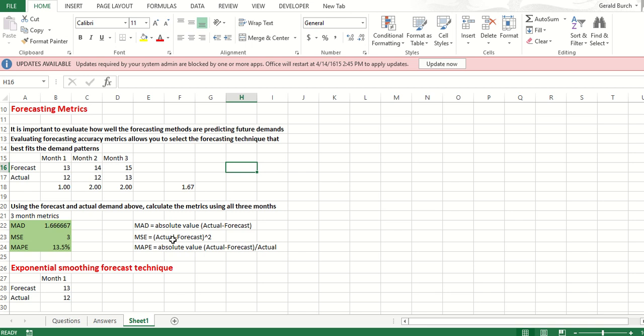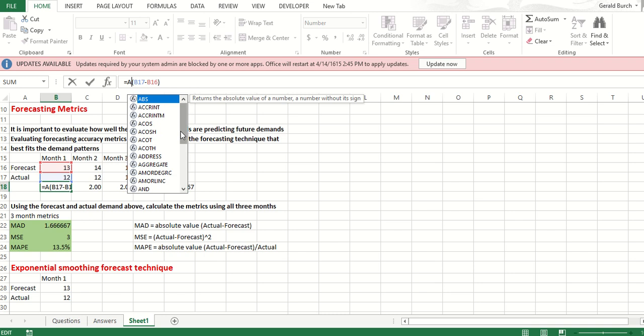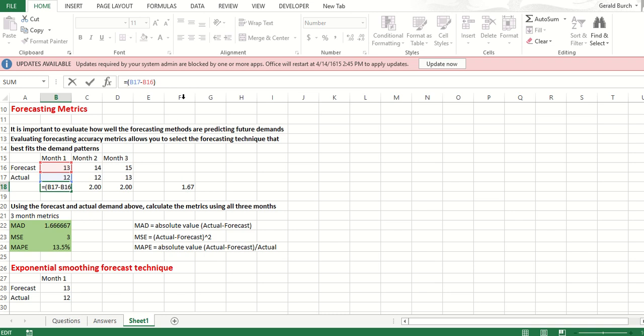The next way for us to do it is, let's look at the squared error. So the squared error, let's go back here. We're going to take, instead of doing an absolute value, we're just going to take the difference between the actual and the forecast. So we're just taking the difference between the actual and the forecast, and we are squaring it. All right.